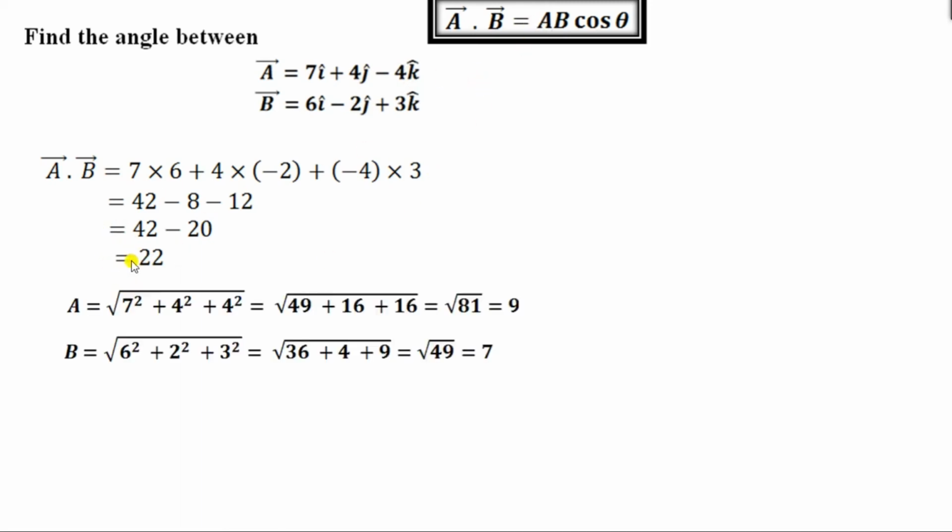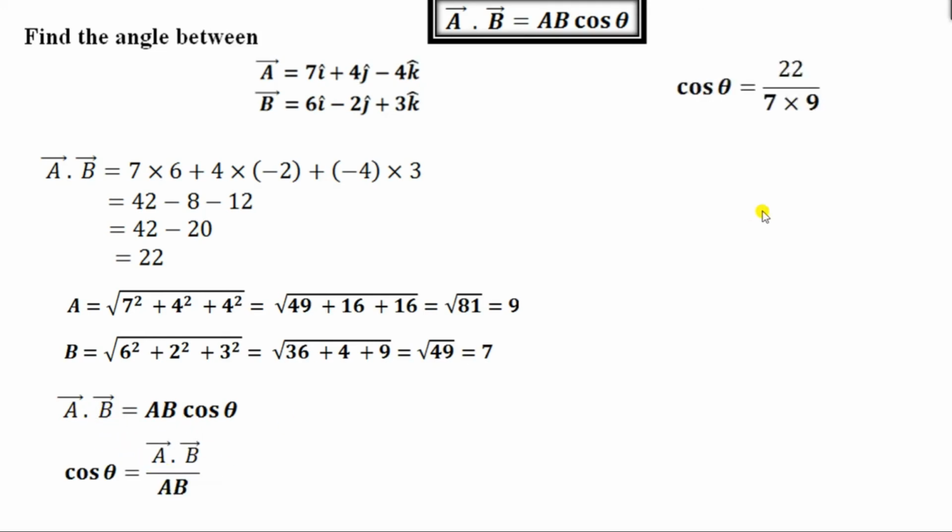Now magnitude of A and magnitude of B, that is 9 and 7. Now I'll use this formula. Now cos theta is A dot B by AB. Now I'll put the values, that is 22 by 7 into 9, and cos theta is 22 by 63, and theta is equal to cos inverse 22 by 63. So this is the final answer. So the angle between A and B is cos inverse 22 by 63.